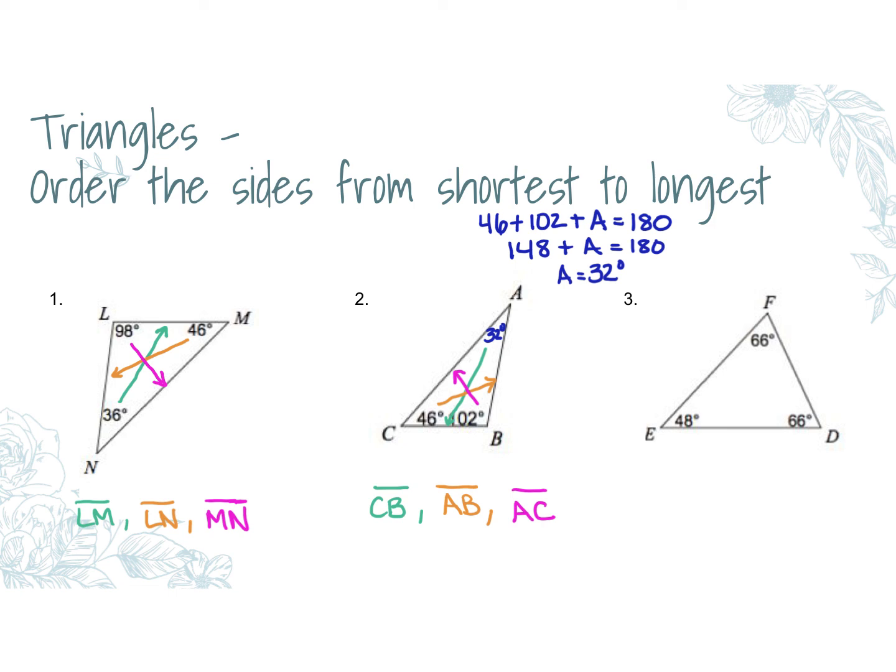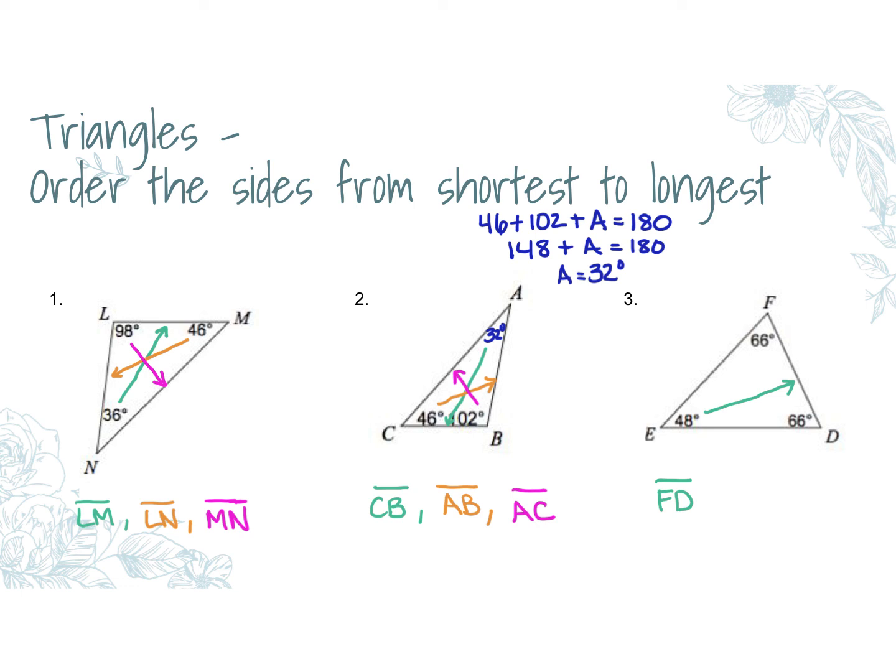In question 3, our smallest angle is angle E, 48 degrees. We'll draw an arrow across to its opposite side. Side FD is our shortest side.